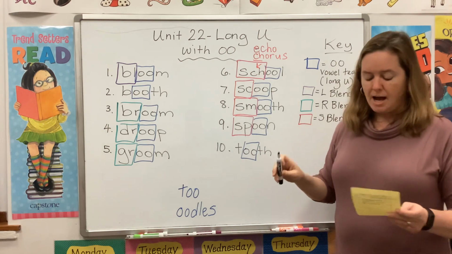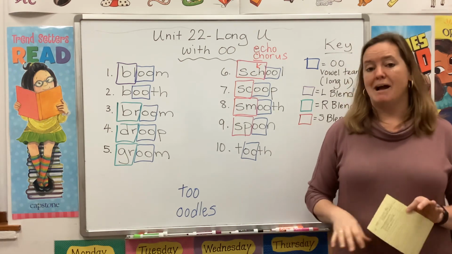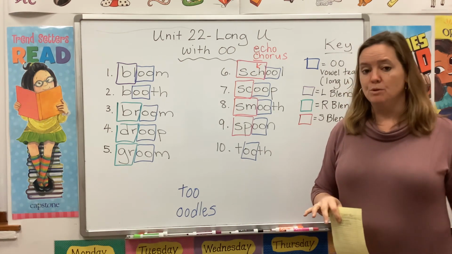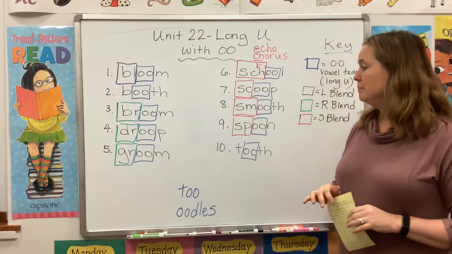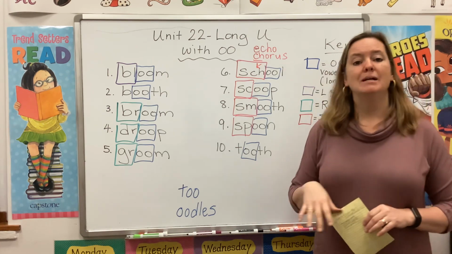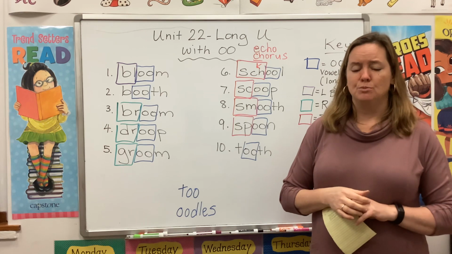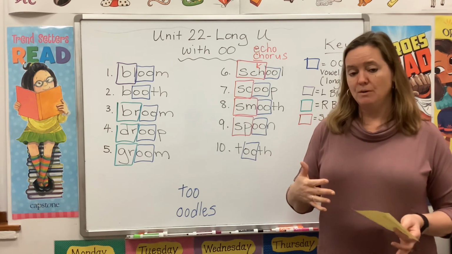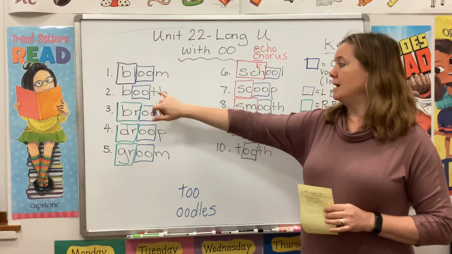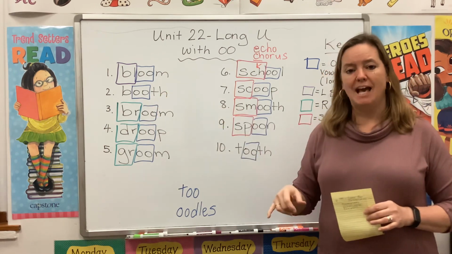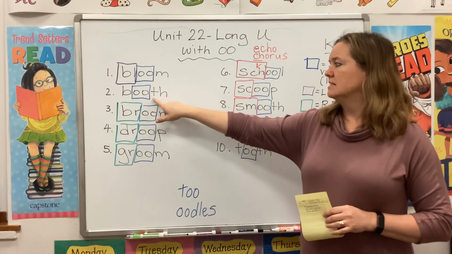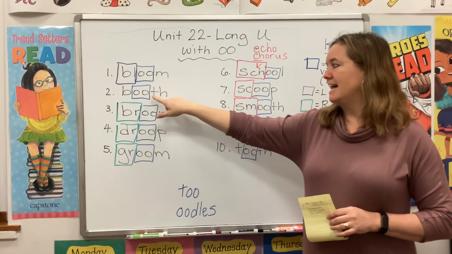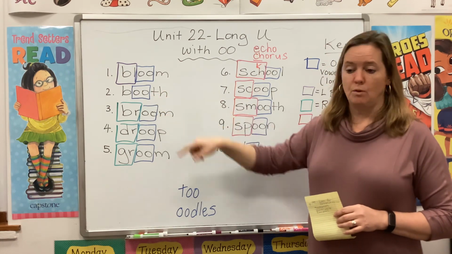Okay. Another thing I want to remind you about, and again, this is review, we talked about this a long time ago, is that we have some digraphs on our list this week. When we put two consonants together and they create a new sound, that's a digraph. So when I put T and H together, it doesn't say t, it says th, okay?